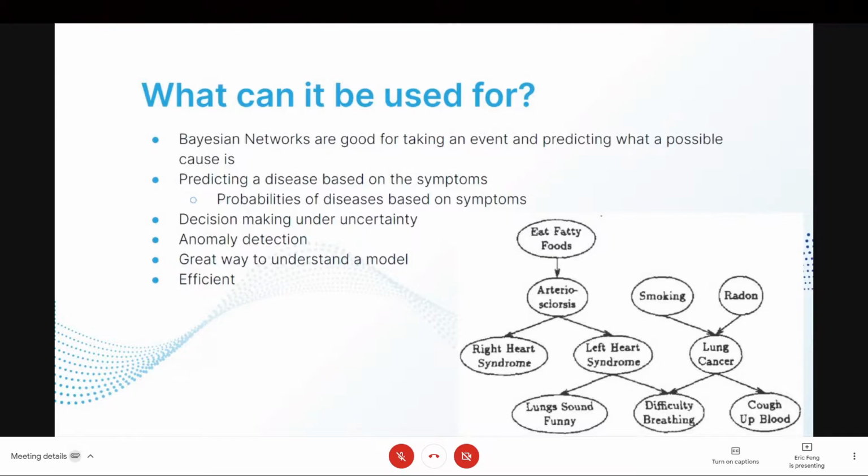So let's say someone eats 100 pounds a day or something, that's definitely an outlier, because in a Bayesian network we would see if the variables given are really high or really low. And it's also a great way to understand a model. Since it's graphical and also has labels, anybody can understand it. And they're also really efficient.